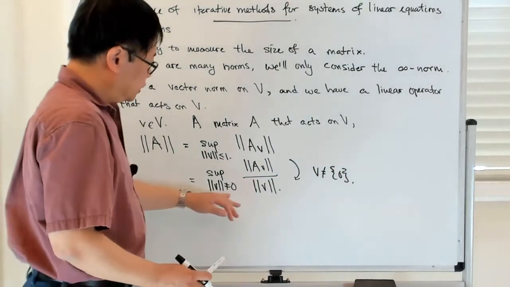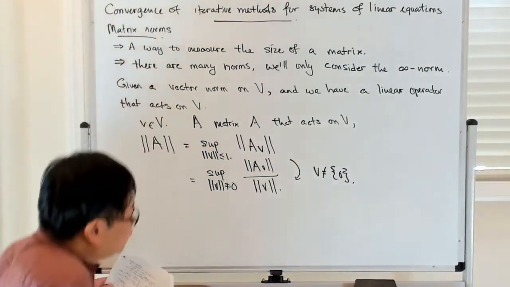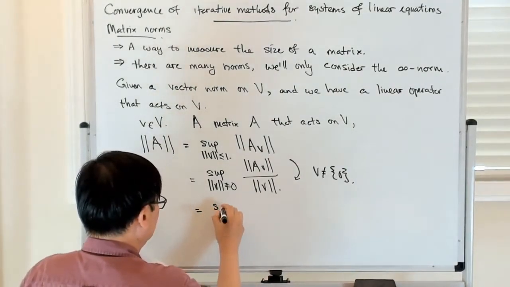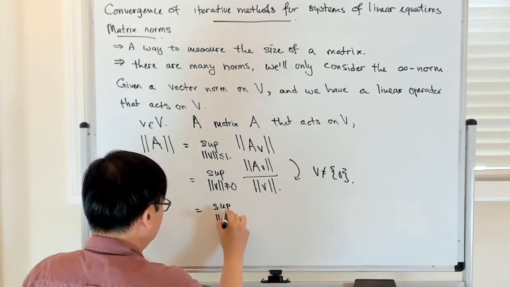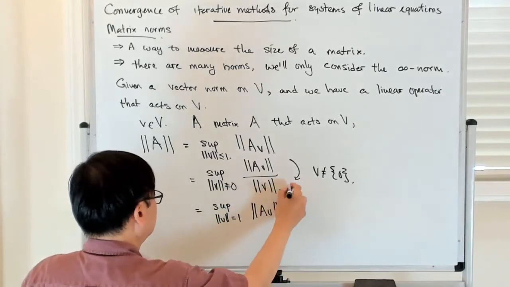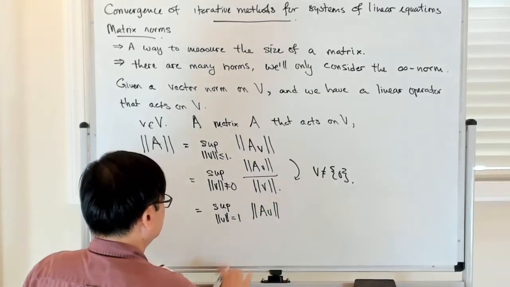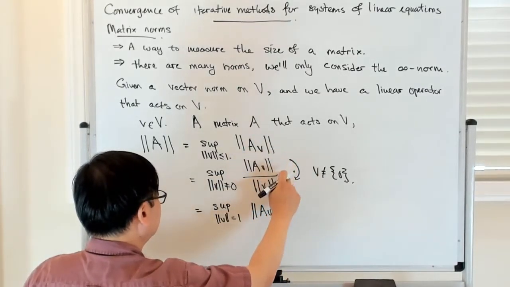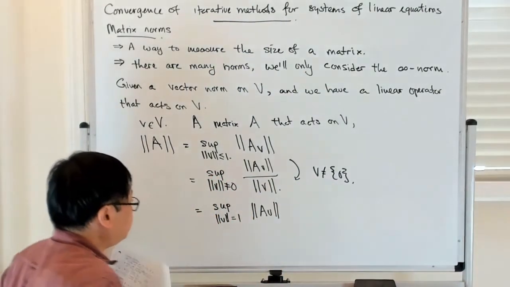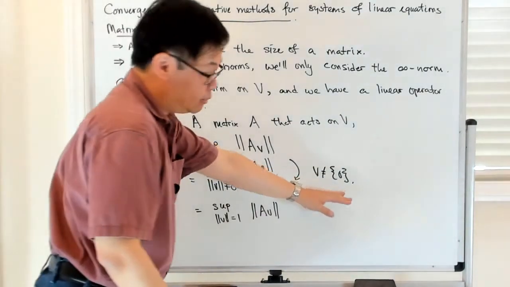So this being equivalent to this assumes that V is not the 0 vector. And again, if V is not just the 0 vector, you can also look at the supremum over norm of V equals 1 of the norm of AV. So these two are always equivalent, but this being equivalent to this requires that V is not just the zero vector space. But in general, that's the most general setting, which doesn't make any assumptions.